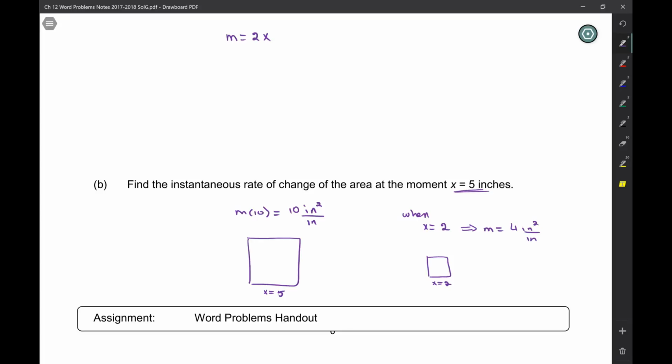When x is bigger, the area is changing at a faster rate. When x is smaller, the area is changing at a slower rate. Okay? So that's important for you to know that concept, that yes, this is changing, but it's not changing steadily. Sometimes it's changing faster, sometimes it's changing slower.